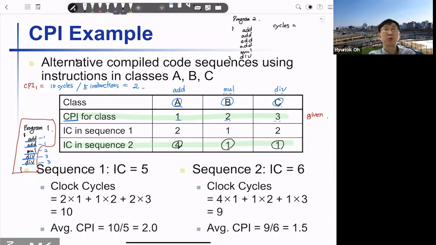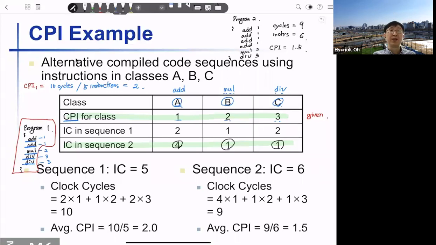How many cycles do we need to complete the second program? It's single, double, triple, so it is 9 cycles. How many instructions? 6 instructions. Then what's the CPI? 1.5.